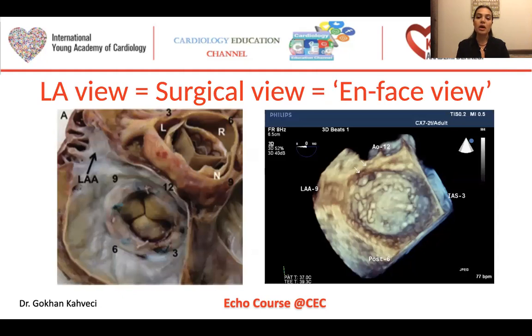We are looking at the mitral valve from up to down, and the aorta will be at 12, LAA at 9, and interatrial septum at 3. So we can easily say that the defect is at the position of 2 to 4 maybe, and then the surgeon can easily understand that it's close to the interatrial septum. It's in the medial aspect.